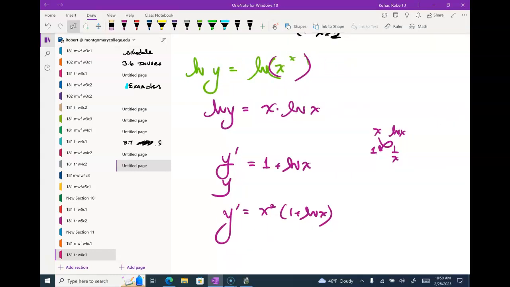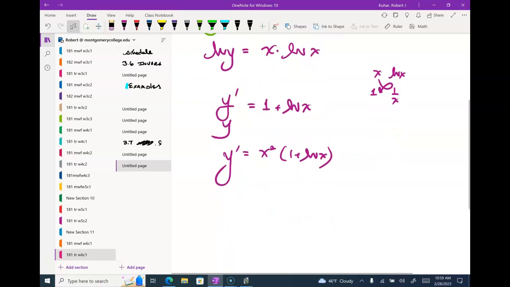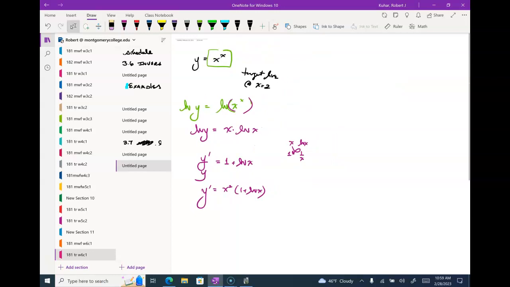Right? I cross multiplied with y, yes? And y was x to the x. Good, so I have x, right? I need y, and I need the slope, yes?